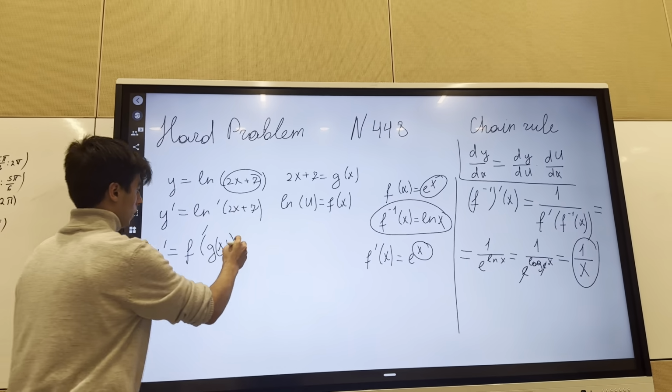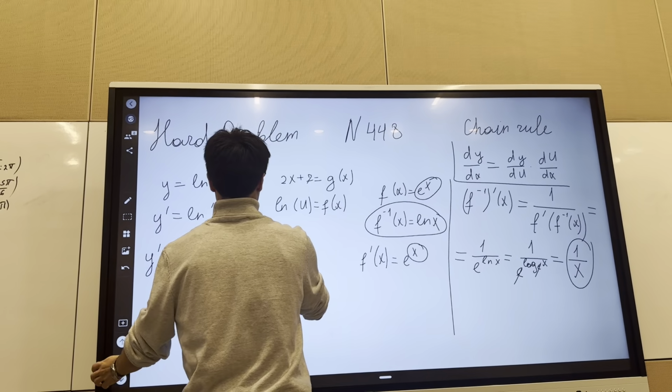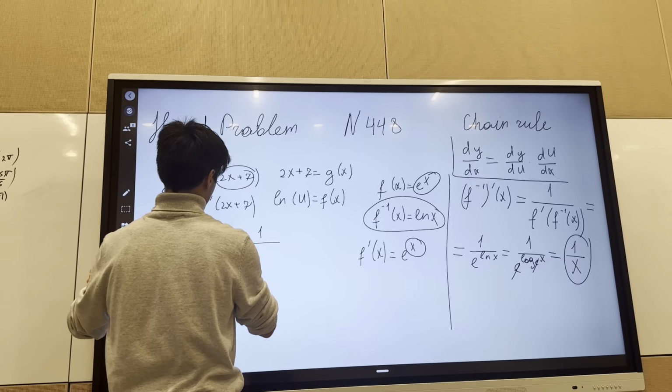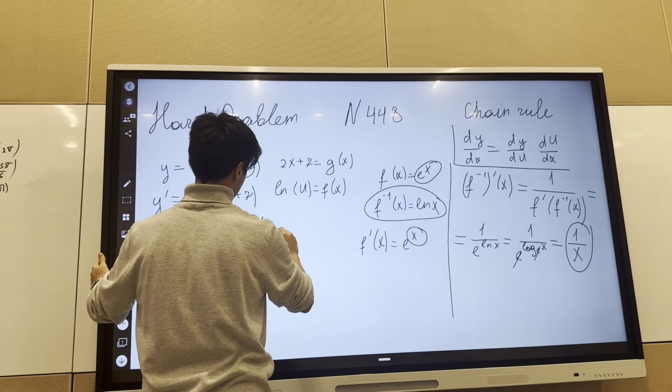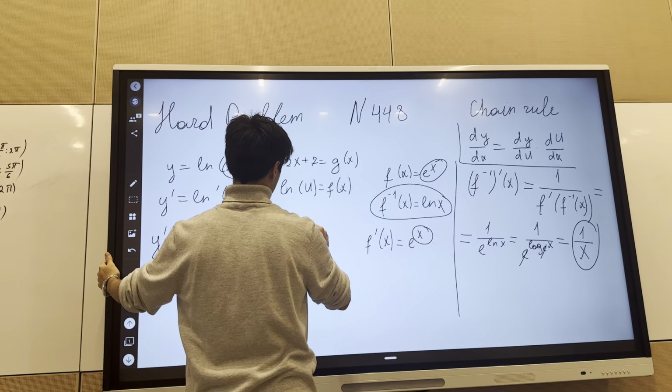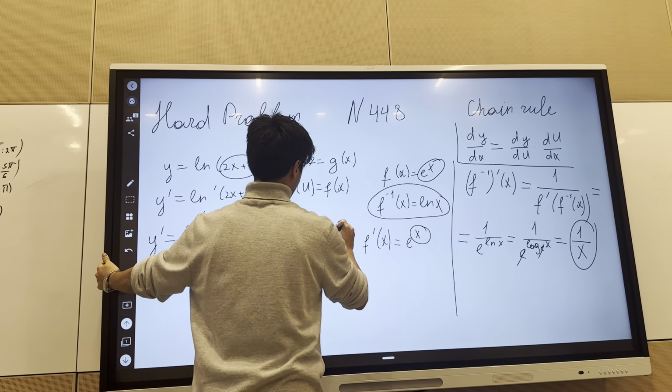To do that, from the chain rule, we know that we first must find the derivative of f, and then the derivative of the g(x) function, right?